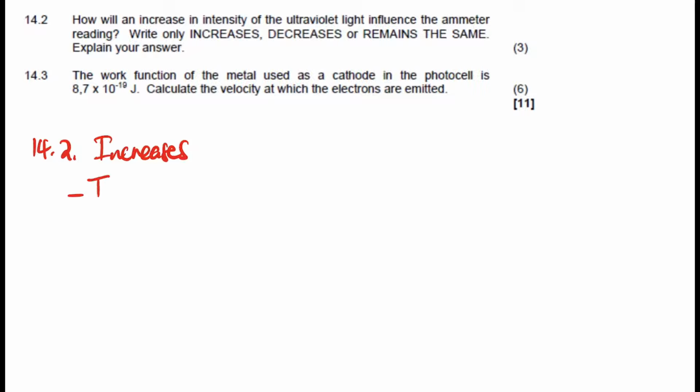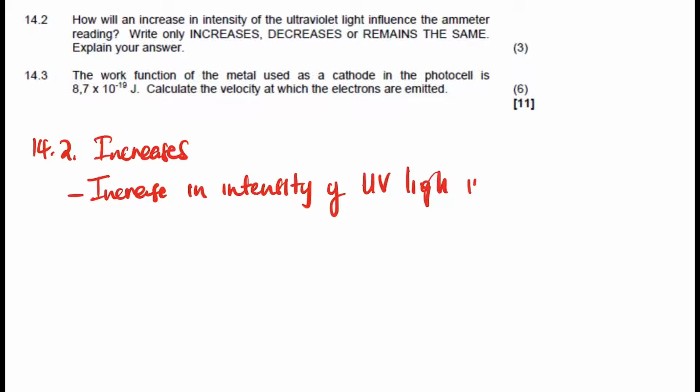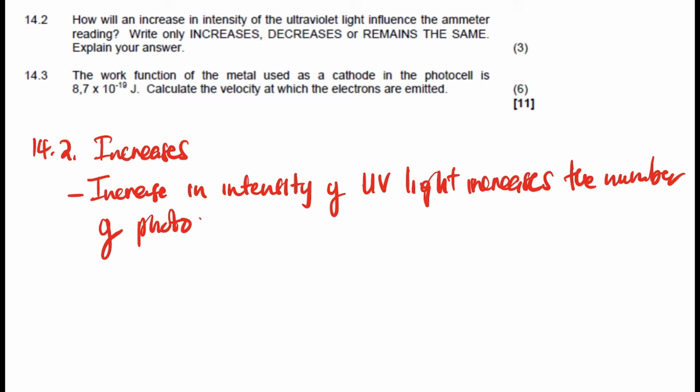Right, increase in intensity of UV light increases the number of photons per second, or per unit of time, right?